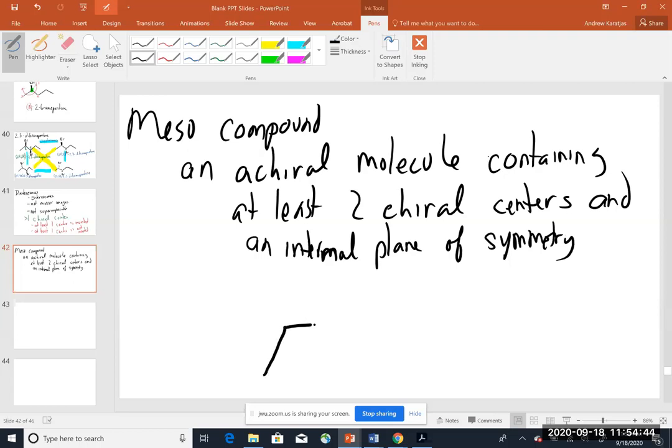So the following molecule has two chiral centers in it. This is chiral. This is also chiral. But what happens if I draw a mirror image of this molecule?